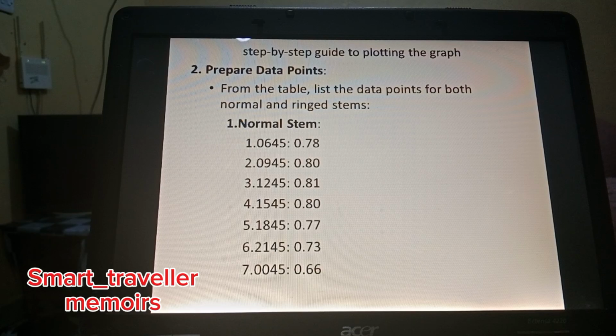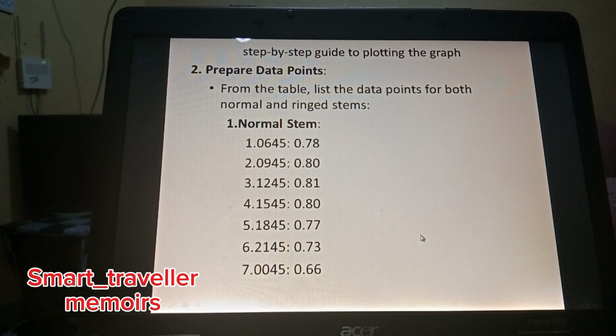For the normal stem, the data points are shown. 7 of them: 0645 will be mapped onto 0.78, 0945 and 0.80, 1245, 0.81, 1545 will be plotted against 0.80, 1845 plotted against 0.77, 2145 will be plotted against 0.73, and finally 0045 plotted against 0.66.